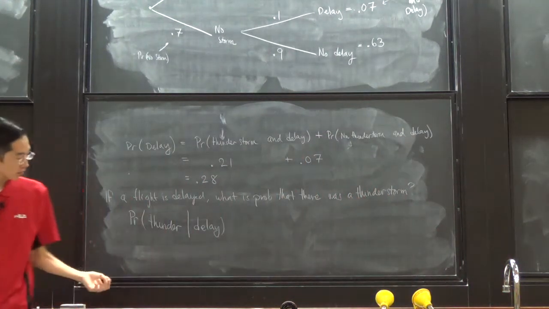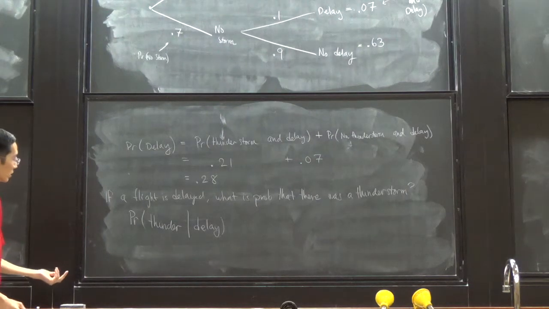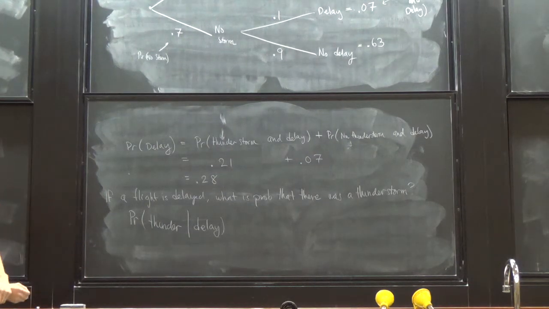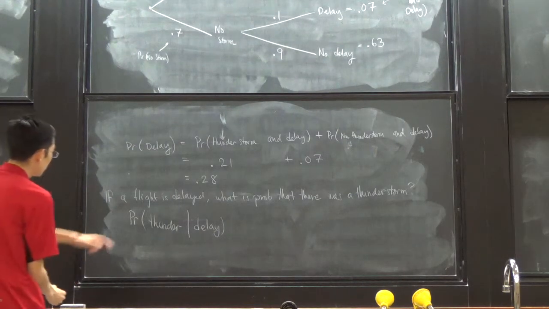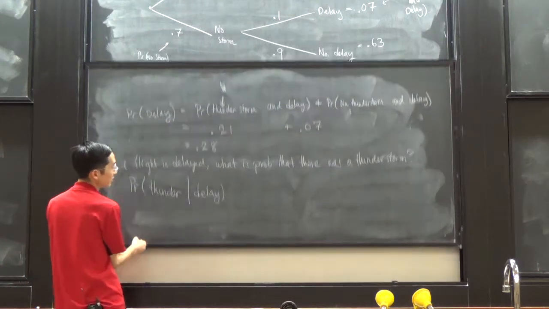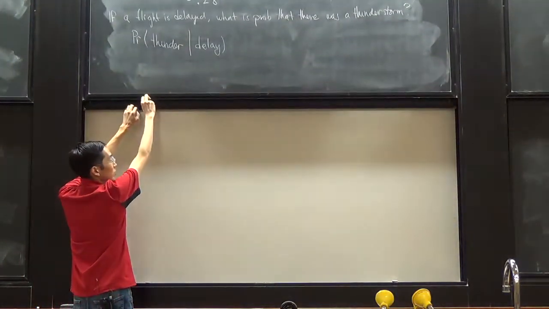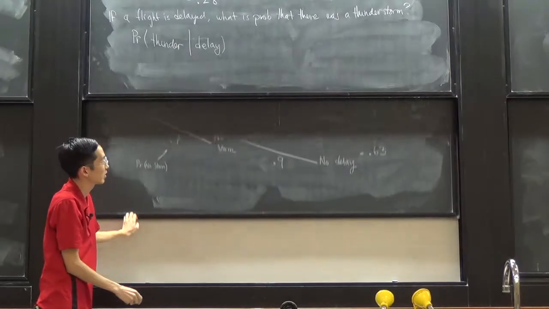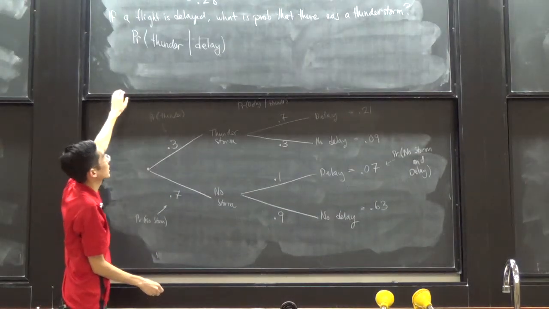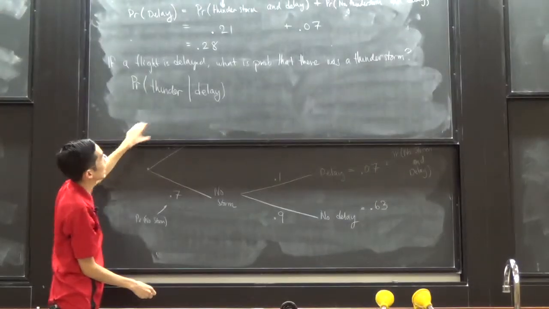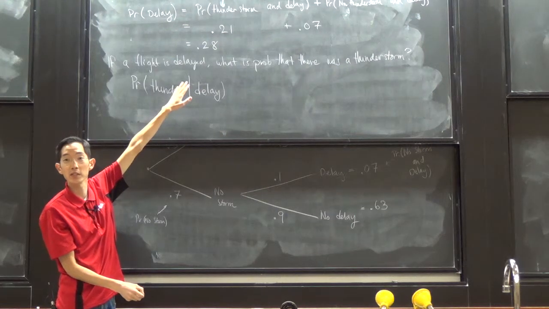So how can we answer this? Divide 0.21 by 0.28. Yes, okay. So, if we look at our tree, we've established that the overall probability of there being a delay is 0.28, right?